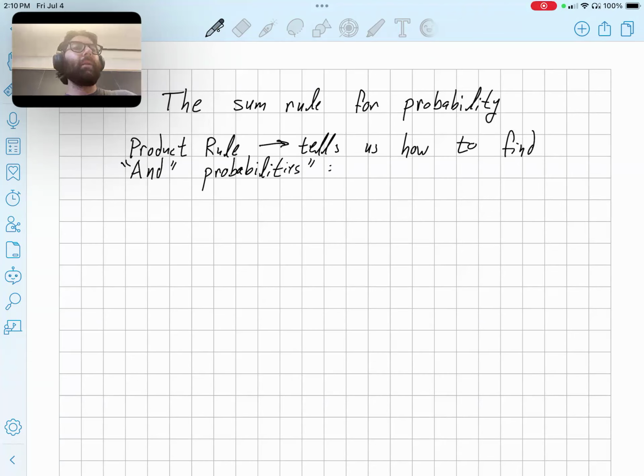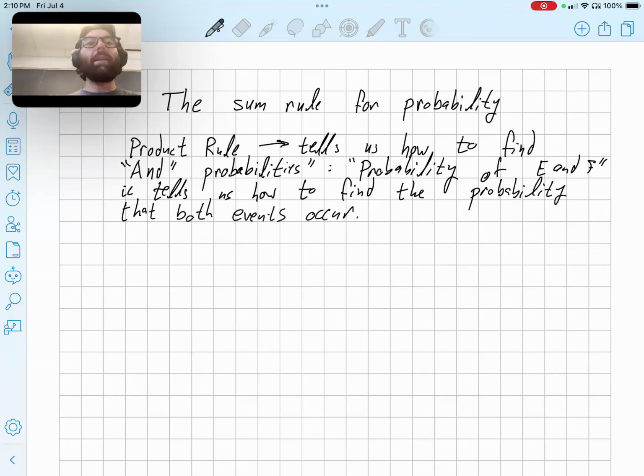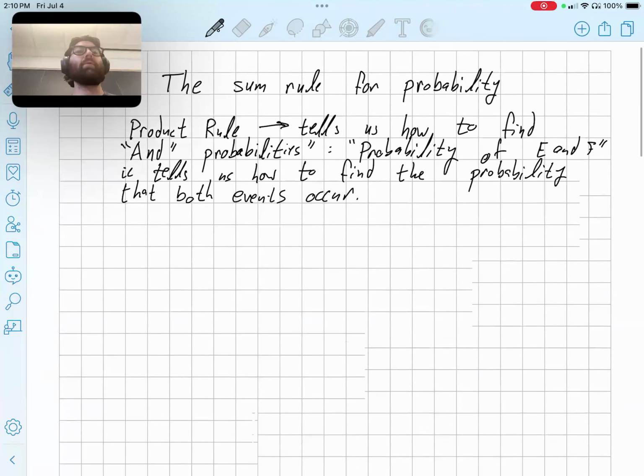By that, I mean the probability of E and F. It tells us how to find the probability that both events occur. The way we did this is we looked at the probability of one of the events, and we looked at the conditional probability of the other event, and we multiplied them. And so that's why we call it the product rule.